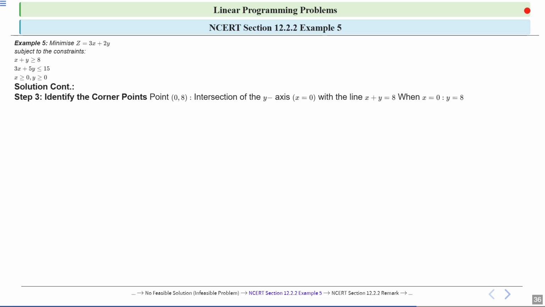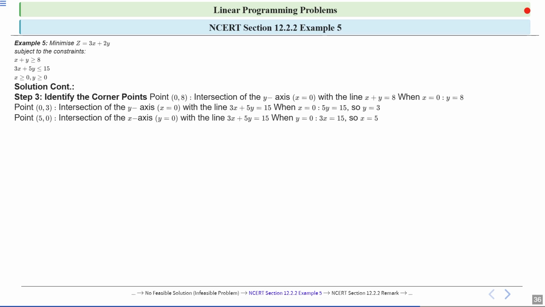When x equals 0, then y equals 8. Okay, and point (0, 3), intersection of the y-axis, that means x equals 0, with the line 3x plus 5y equals 15. Then when x equals 0, 5y equals 15, so y equals 3. Then point (5, 0), intersection of the x-axis, y equals 0, with the line 3x plus 5y equals 15. When y equals 0, 3x equals 15, so x equals 5.